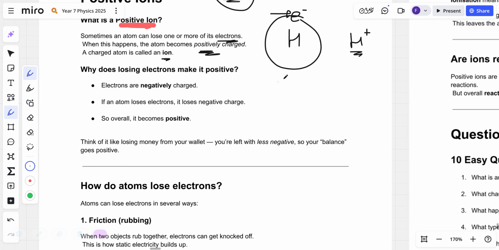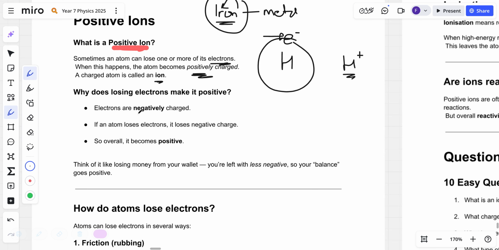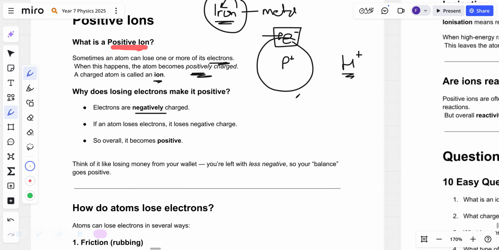Now, why does it become positive? Well, electrons, if you remember from chemistry last week, are negatively charged, right? The nucleus, especially in hydrogen, is one positive. They cancel each other out. So in an atom, the number of protons, which are positive, is equal to the number of electrons. That's why I pick hydrogen, because it's easier to think about.